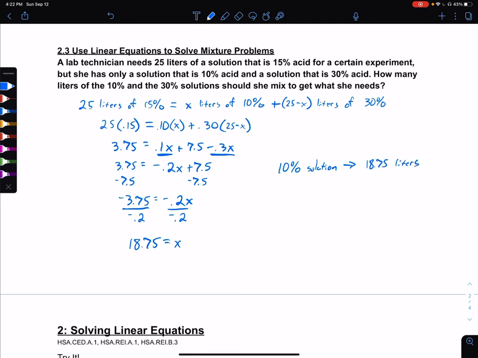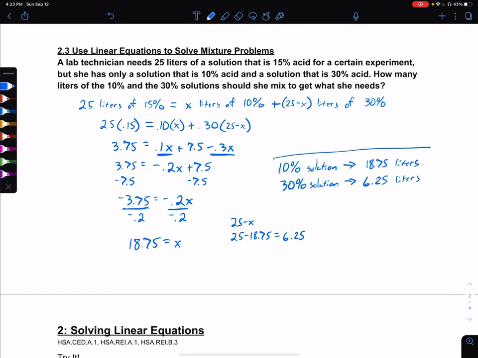And then for the 30% solution, that was 25 minus x, so 25 minus 18.75, which is 6.25. So for the 30% solution, we would need 6.25 liters.